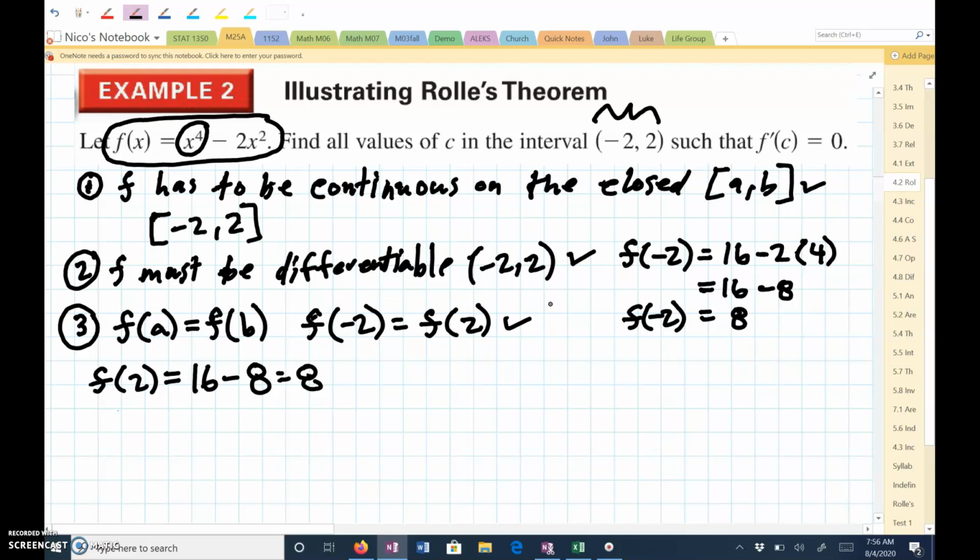Now we know Rolle's theorem applies, so now we can take the derivative of f, and I'm going to say this is f prime of c, which would be equal to 4c to the third minus 4c.